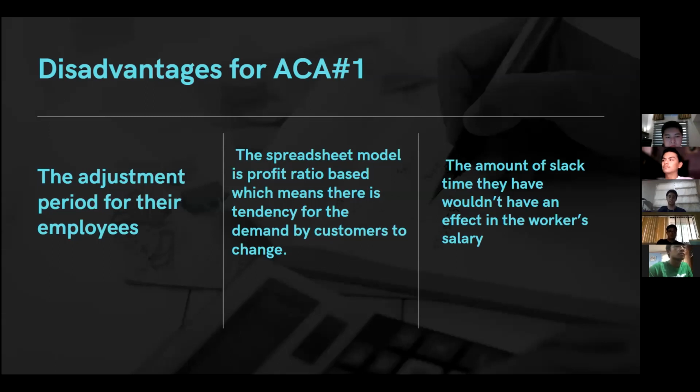First, if this kind of system is implemented, their employees will take time since they are not familiar with this kind of operation system. Second, the spreadsheet model is profit ratio based, which means that the demand can change. Lastly, the amount of slack time wouldn't have an effect on the worker's salary, only the number of hours they worked. Next slide, please.